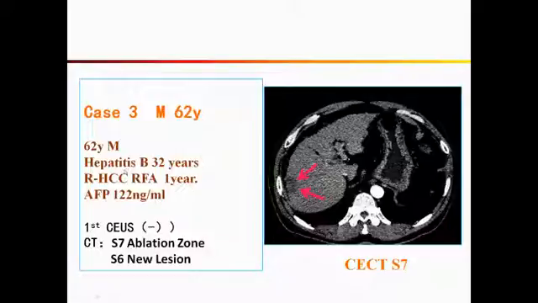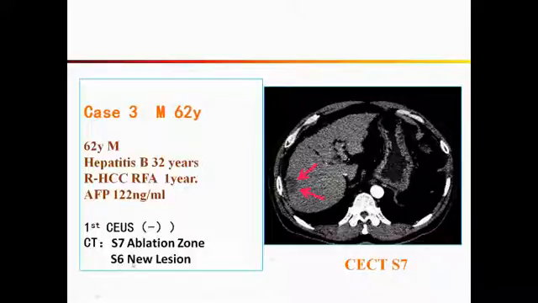And another patient is a 62 year old patient with hepatitis B for 13 years, and he got a recurrent HCC after RFA 1 year ago. Now he has elevated AFP. With the first contrast ultrasound, we cannot see anything in the tumor, only the ablation area, and the same situation in the CT. But in CECT, a new lesion is observed.